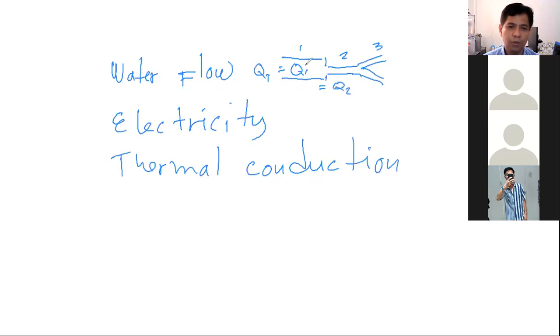So kung ano nagpo-flow dito sa malaking pipe, magpo-flow doon sa maliit na pipe kasi wala naman siyang ibang pupuntahan. Hindi naman matatapon yung tubig, di ba? Pero pagdating dito sa section 3, as you can imagine, yung magpo-flow dito, let's call this Q3A at saka dito Q3B. Hindi na sila equal sa Q2. Pero yung sum ng Q3A at saka Q3B equal sa Q2.